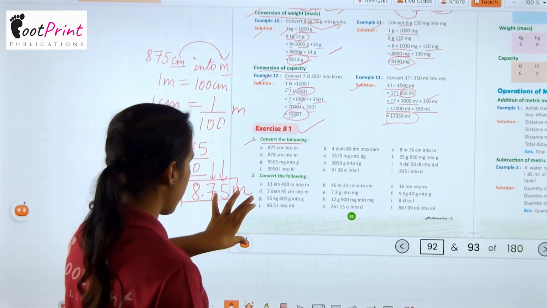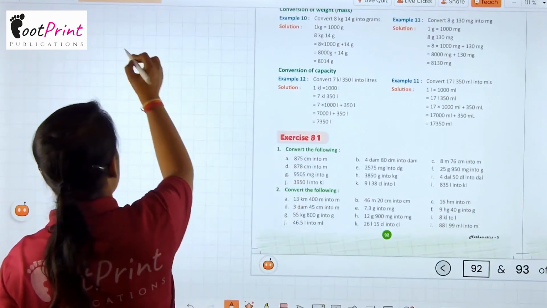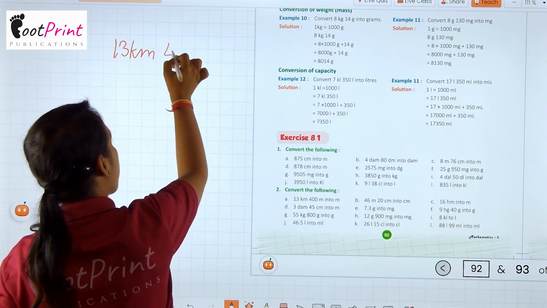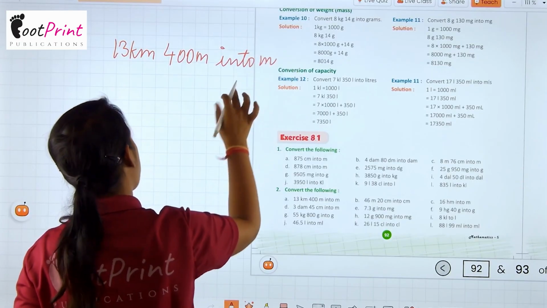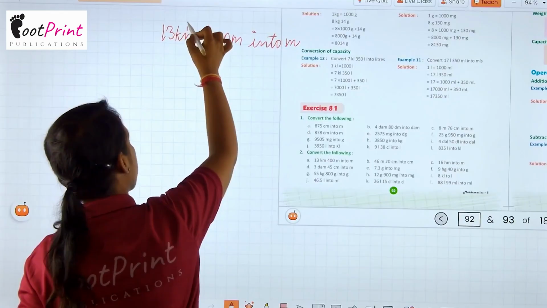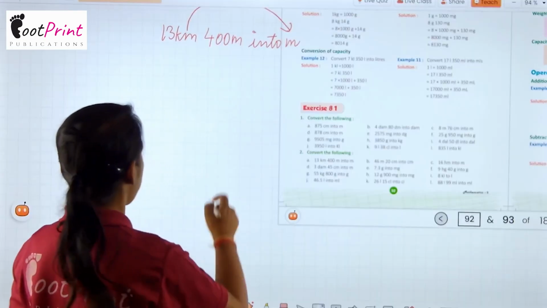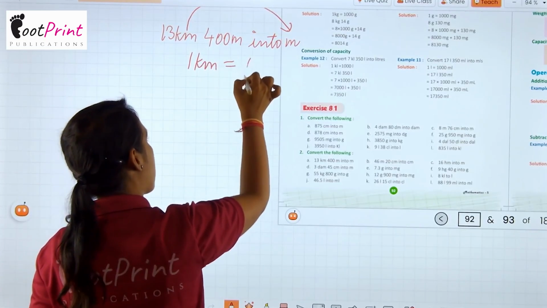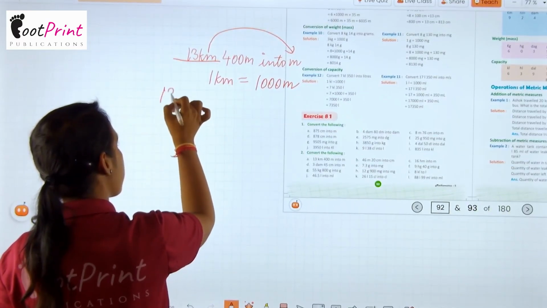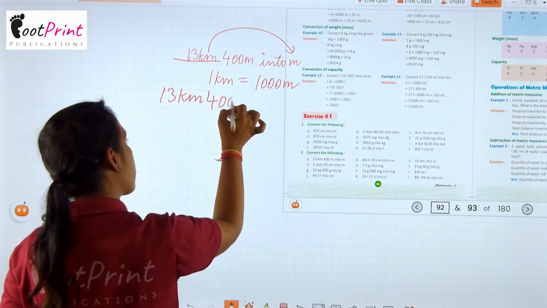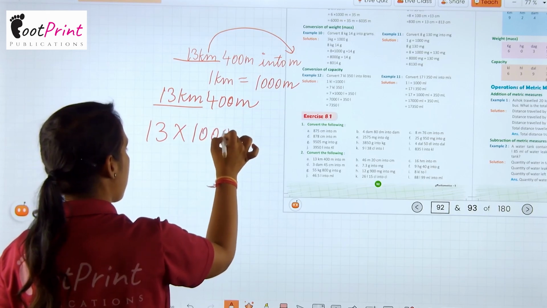In the same manner, you will do all the parts of this question. Now we have question number 2, convert the following: 13 kilometer 400 meter into meter. We know that here we are converting bigger unit to smaller unit, means we have to multiply. So 1 kilometer equals 1000 meter. Here 13 kilometer will be changed into meter by multiplying it by 1000.